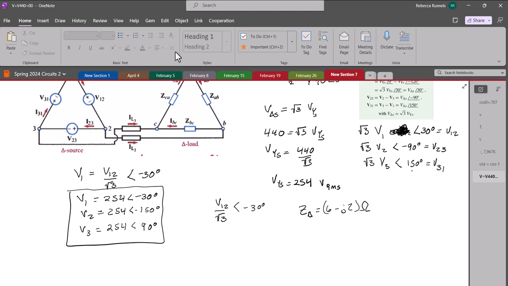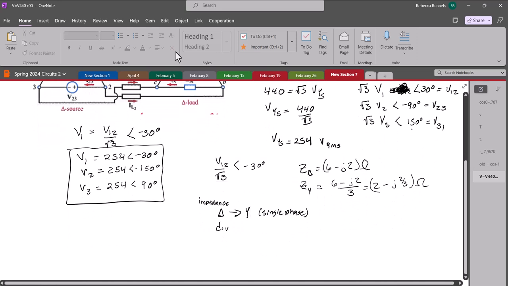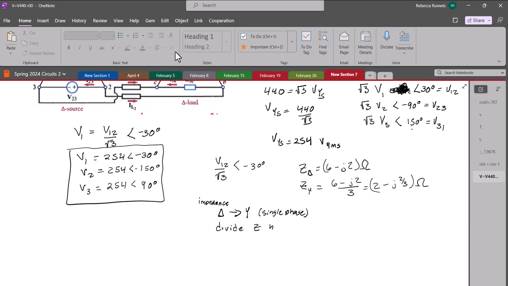So the single phase equivalent, I'll just write it with a Y. To take your impedance to go from delta to Y, or to a single phase, we divide Z by 3.